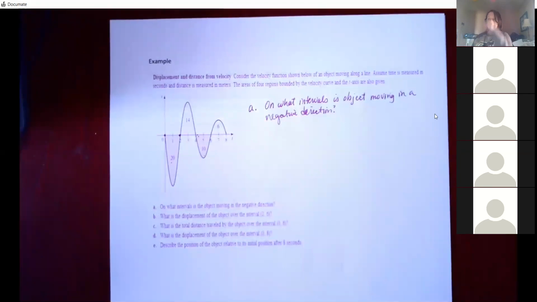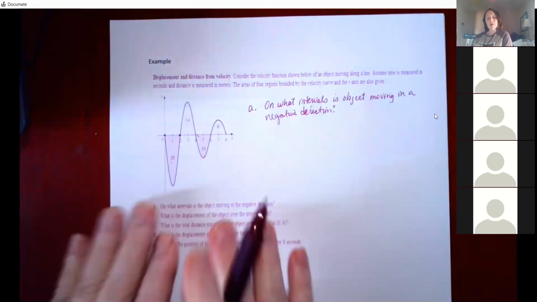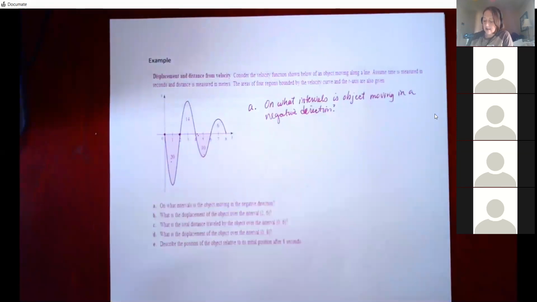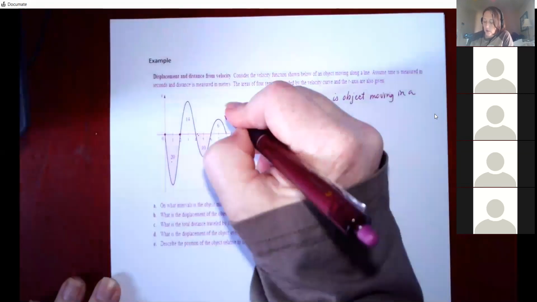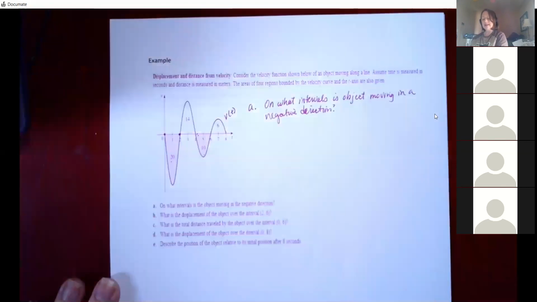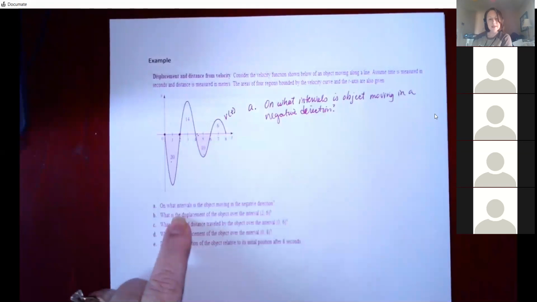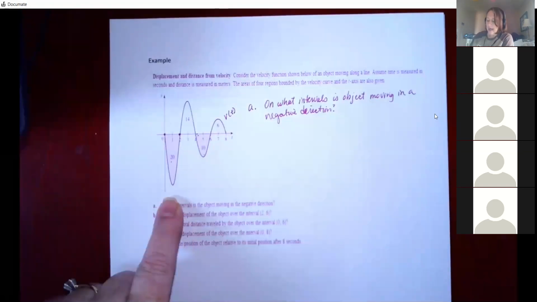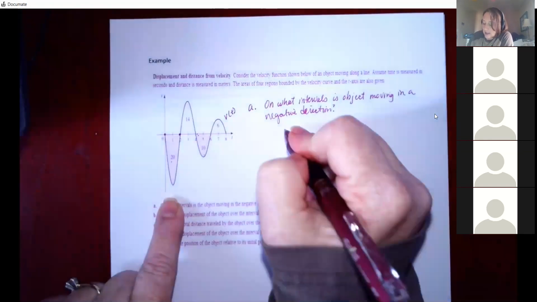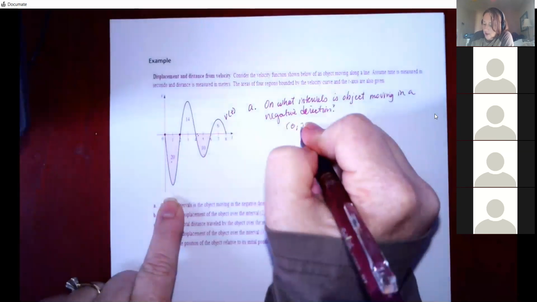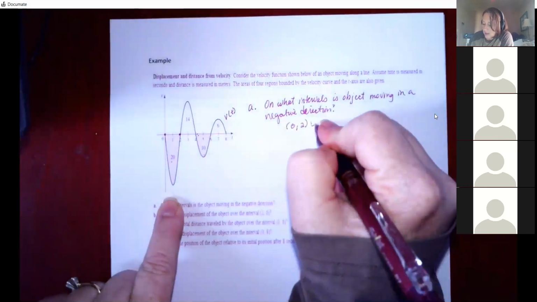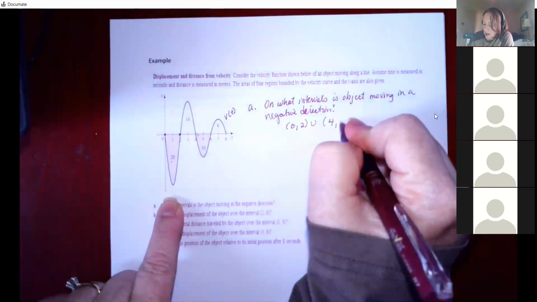It tells you not only how fast the object is going, but also is it moving in a positive direction or is it moving in a negative direction? So if you're looking at this graph and you want to know when velocity is negative, now remember our velocity function is what is being graphed here. Velocity is negative when it is below the horizontal axis. So it would be negative between 0 and 2, and between 4 and 6.